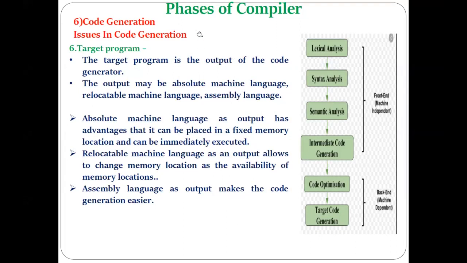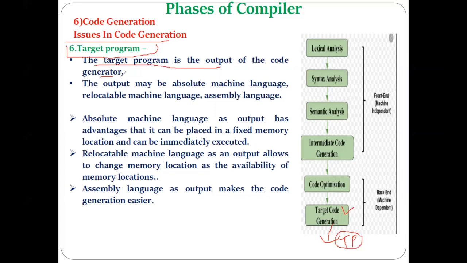Then we have the last issue in code generation, that is the target program generation. Here the output of our last phase of the compiler is the target program.